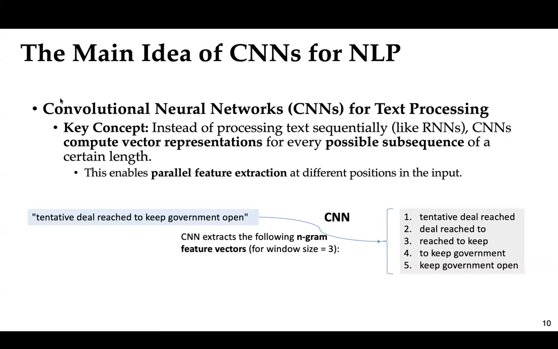Say the example I have here, I like to explain that with an example: tentative deal reached to keep government open. The CNN will extract the following n-grams, where n equals 3, where the window size equals 3, for feature vectors: tentative deal reached, to keep government open.